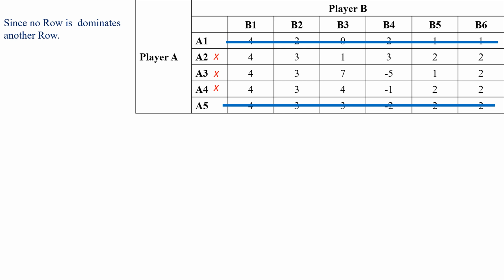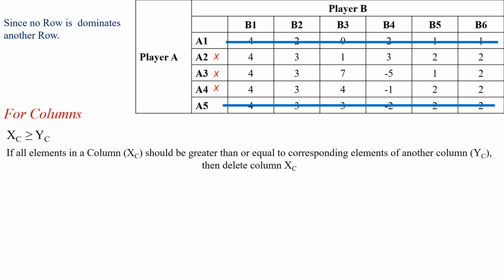By applying the dominance rule, each column is compared with another column, and if all the elements in a column are greater than or equal to the corresponding elements of another column, then delete the respective column. Let us consider column X is compared with column Y, and if all the elements in the X column are greater than or equal to the corresponding elements of the Y column, then we have to delete the X column.